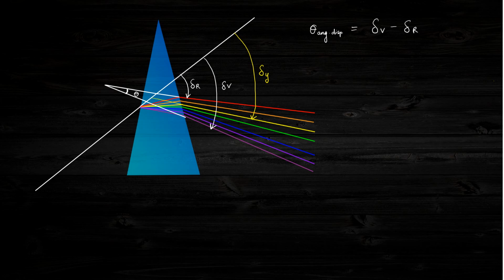Now if we want to find out the angular dispersion with respect to the average deviation, then we define something called the dispersive power omega. So omega is delta V minus delta R compared to the mean deviation or average deviation, which is delta yellow.